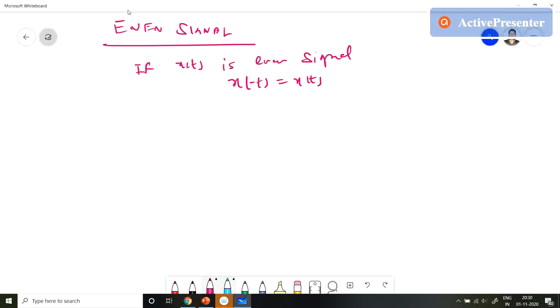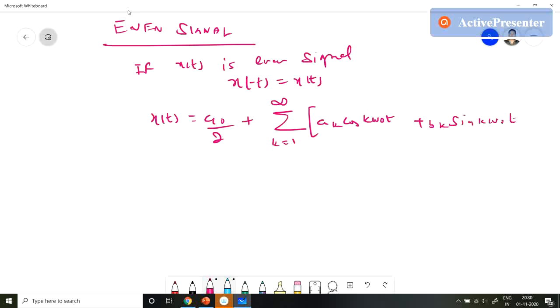Now if we carefully see the expression of x(t), then x(t) is equal to a naught divided by 2 plus summation k equals 1 to infinity ak cos k omega naught t plus bk sine k omega naught t. So this is the expression for this x(t).